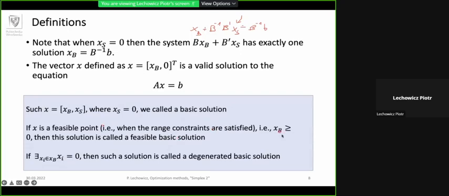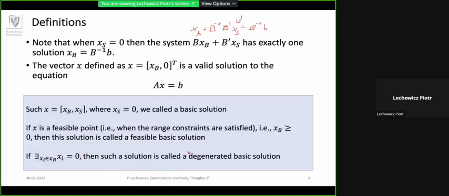So if all the values for the basic variables from this equation are greater or equal than 0, then such a solution is called a feasible basic solution. And if there exists such a variable in the basic variables which is equal to 0, then such a solution is called a degenerate basic solution.